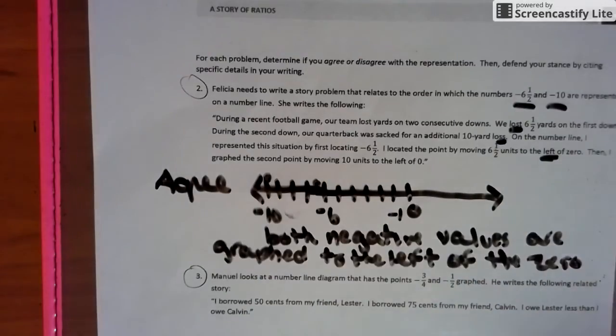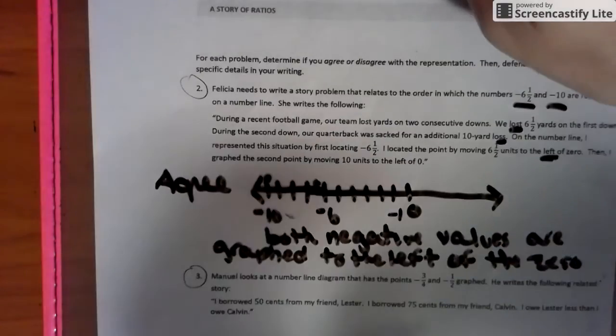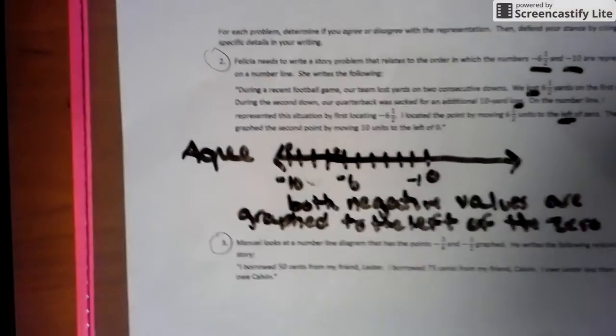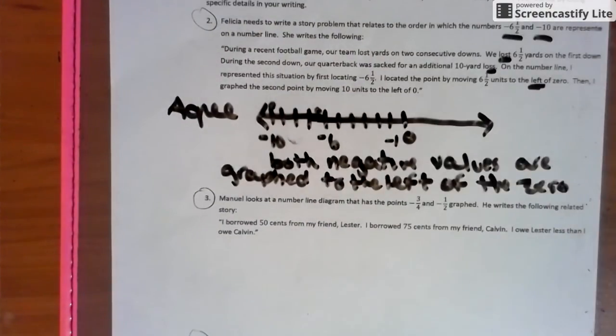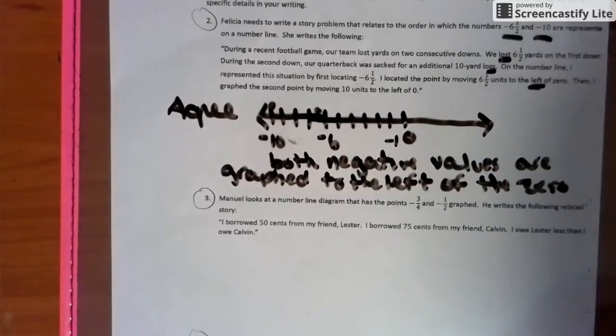All right, so now if we're looking at the next one down, we'll look at Manuel. Here we go. Manuel looks at a number line diagram that has the point -3/4 and -1/2 graphed. He writes the following related story. I borrowed 50 cents from my friend Lester.